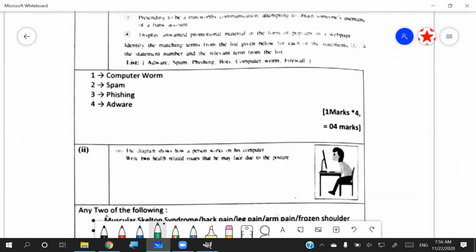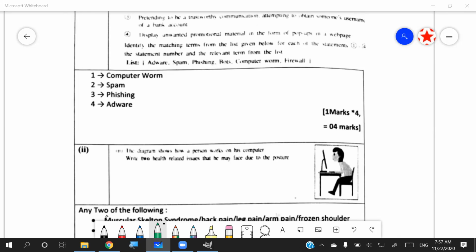So the first one is going to be computer worm, second one spam, third one phishing, and the last one is called adware, displaying unwanted promotional material in the form of pop-ups, right? So those are called adware. One mark for each answer. So 4 marks are given.